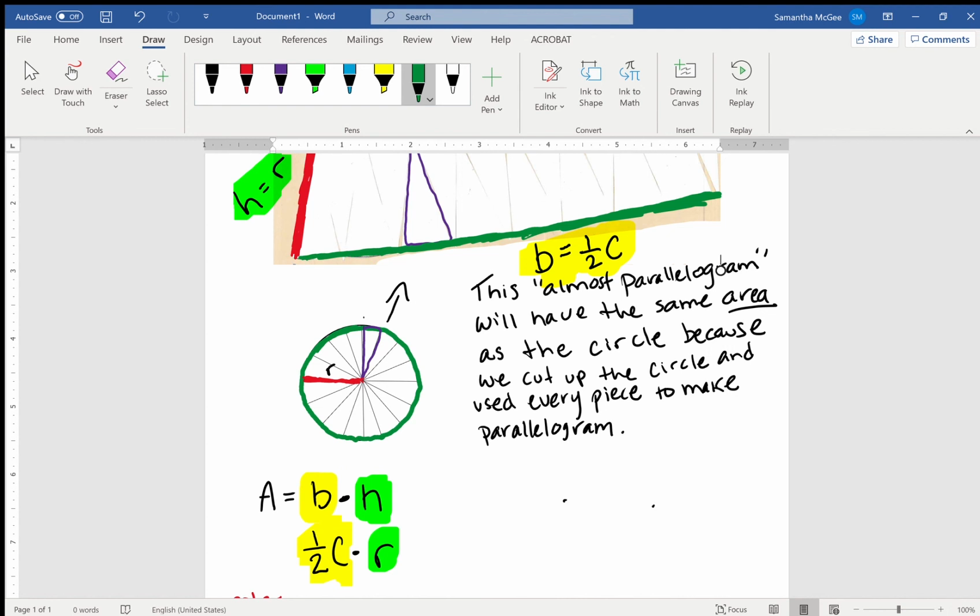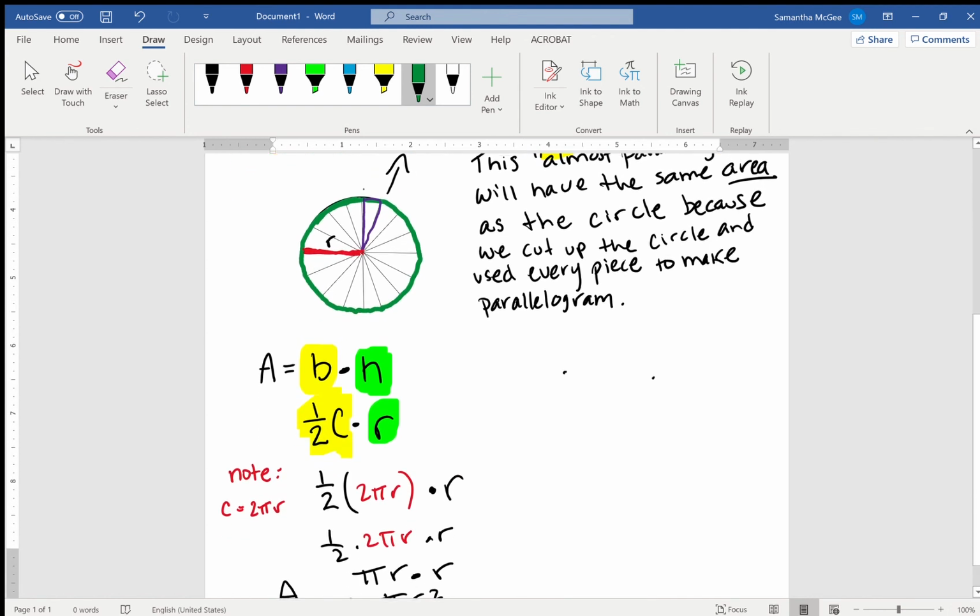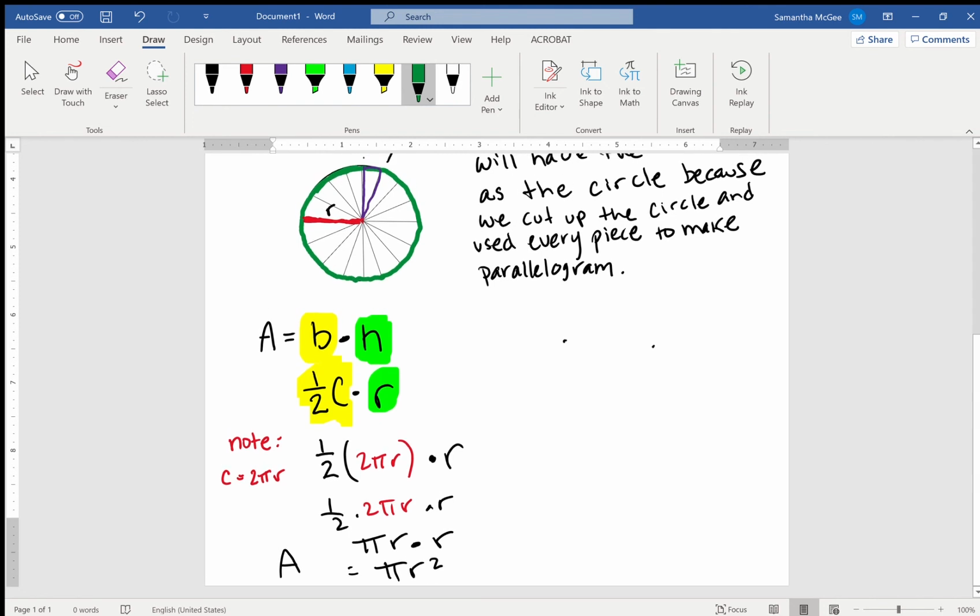So instead of base times height, we wrote half the circumference times the radius. Then, since we know the circumference is 2 pi r, we substituted 2 pi r for c, started multiplying things out, and we end up with the area of our circle.